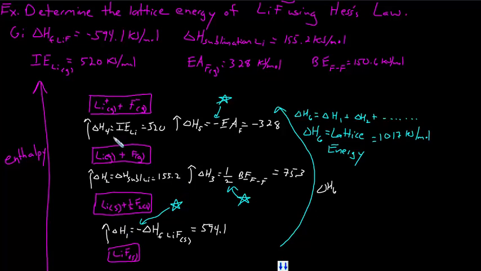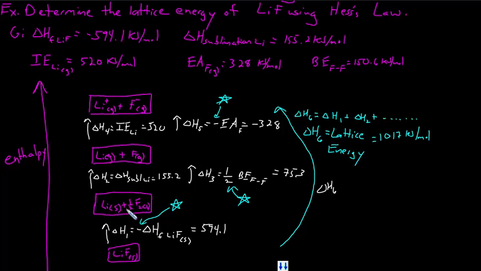But what are all these values? Well, this value to turn lithium fluoride solid into separate lithium and fluorine molecule is actually the negative of the heat of formation of lithium fluoride. Yes, the heat of formation of lithium fluoride is the heat to take the pure elements and get the compound.